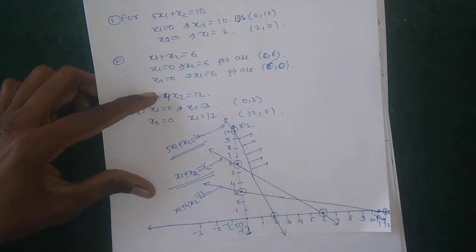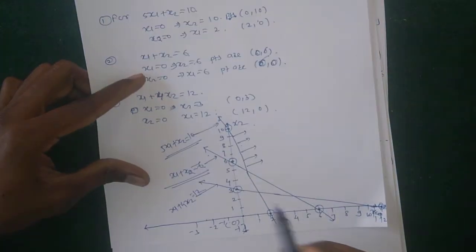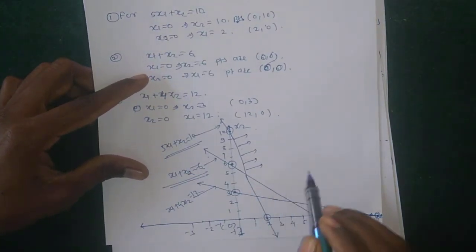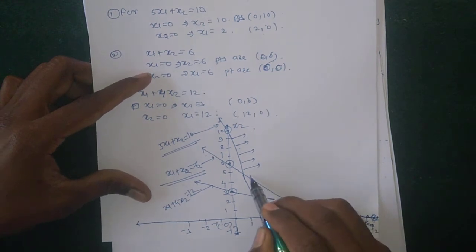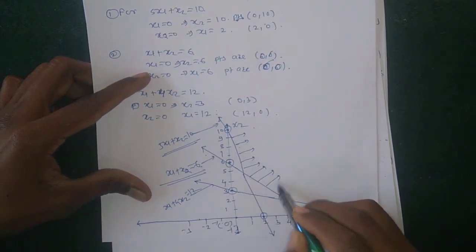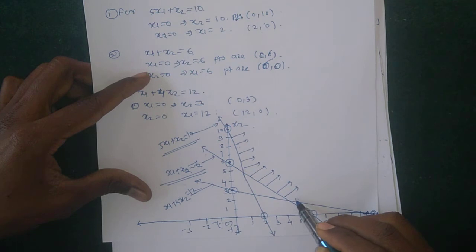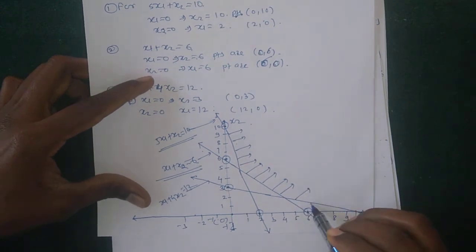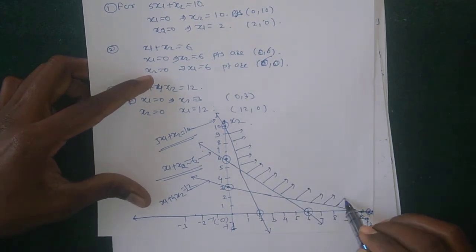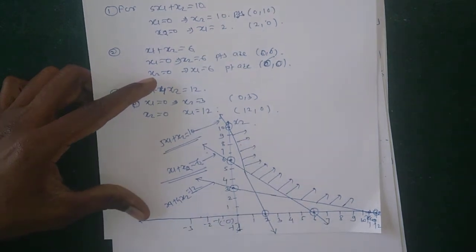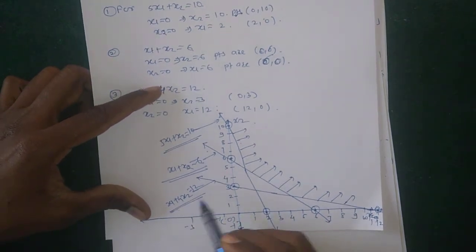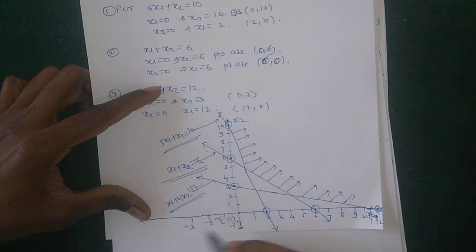Then x1 plus x2 greater than or equal to 6 also lies on the upper side of its line, and similarly for x1 plus 4x2 greater than or equal to 12.